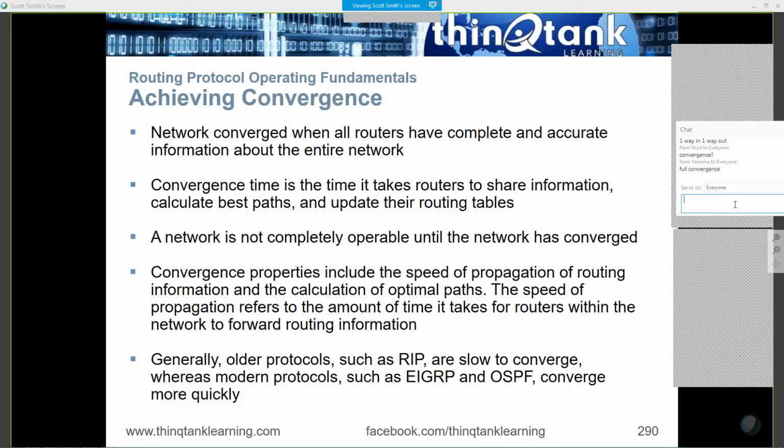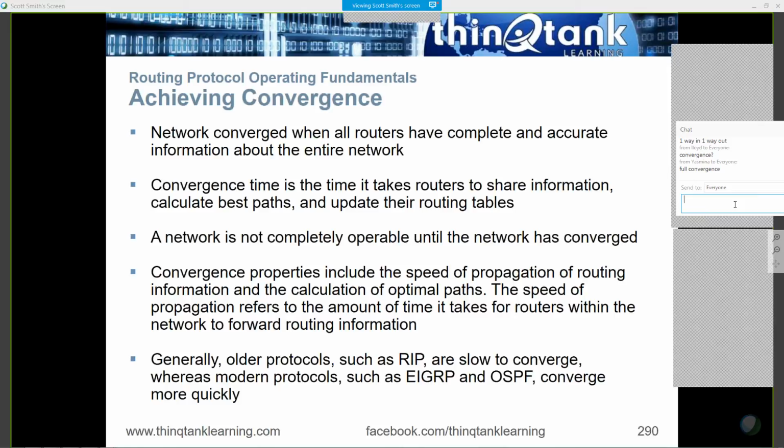You can kind of consider OSPF to be just as fast. Right? There are some significant differences between the two protocols, but both EIGRP and OSPF converge very quickly. RIP doesn't. RIP is a slow protocol. All right? It can converge quickly, but in most cases it doesn't converge very quickly.